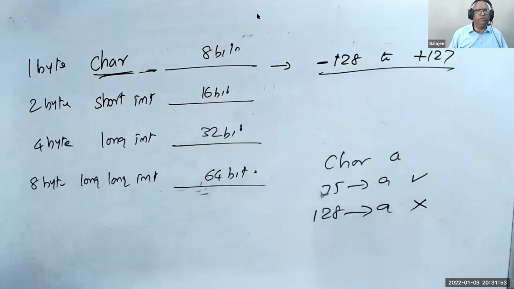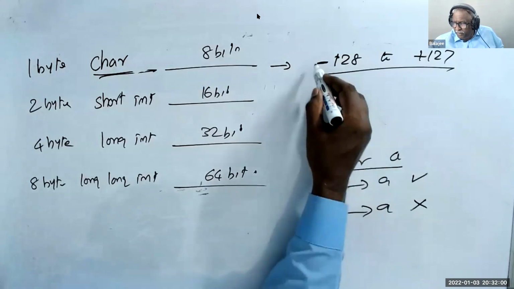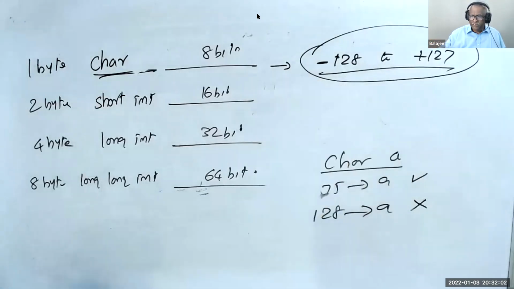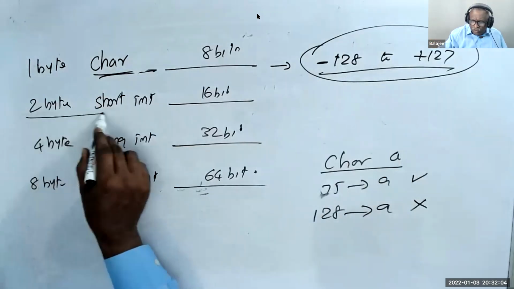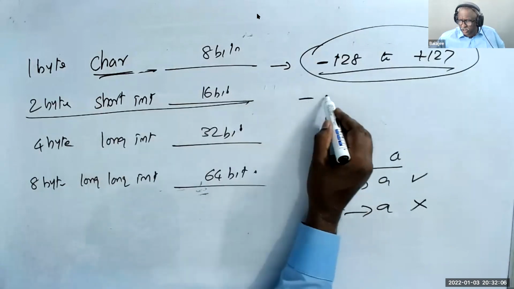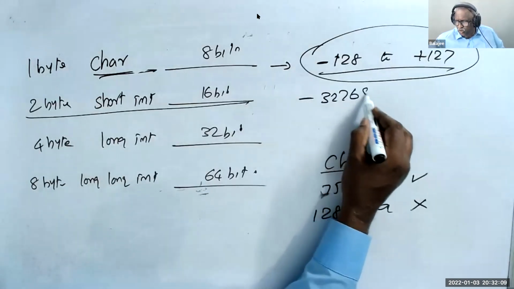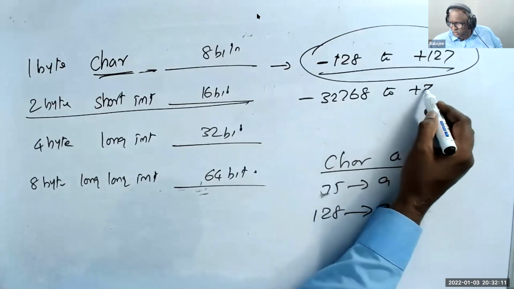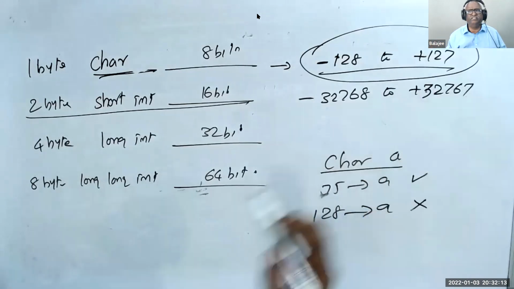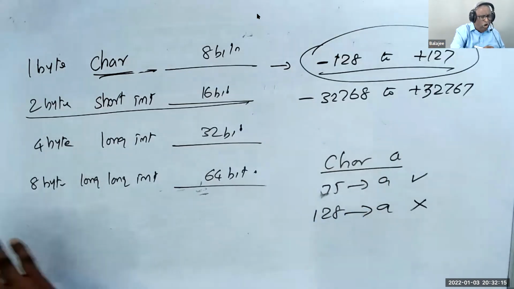Don't try to deviate from the rules. Follow the rules. If you say char A, your number has to be only this much. If it's a short, then minus 32,768 to plus 32,767. This is all about storage.